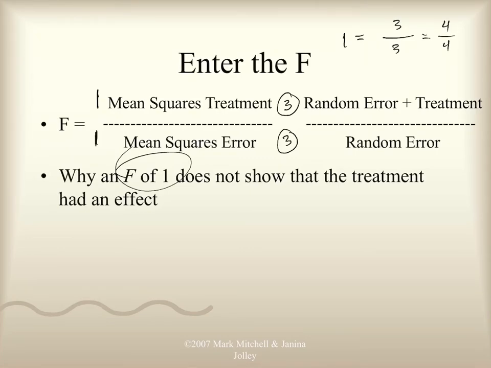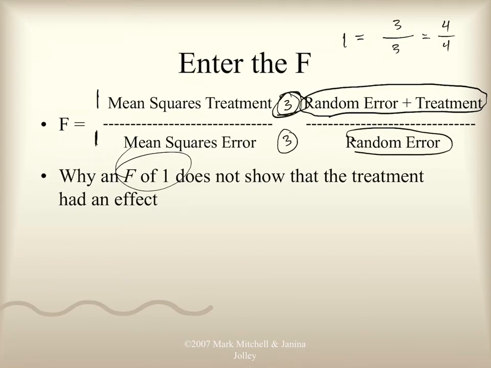These are ratios that equal 1. So if we had the number 3, I just picked that number randomly, what that means is random error plus treatment gives us 3 units of variability. Random error alone gives us 3 units of variability.